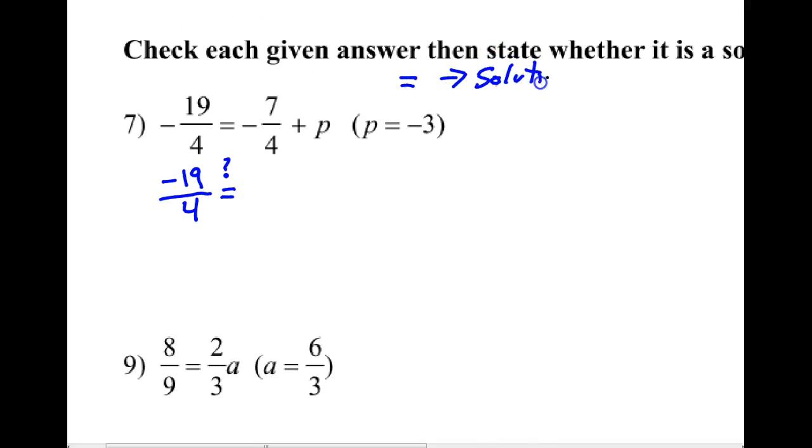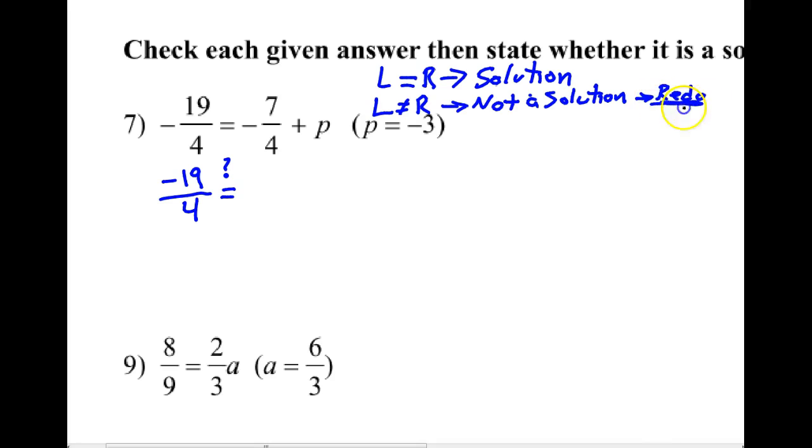And when I say equal, I mean the right and left hand side. So if the left is equal to the right, it's a solution. And if the left is not equal to the right, then it's not a solution. If it's not a solution, that means you redo it.